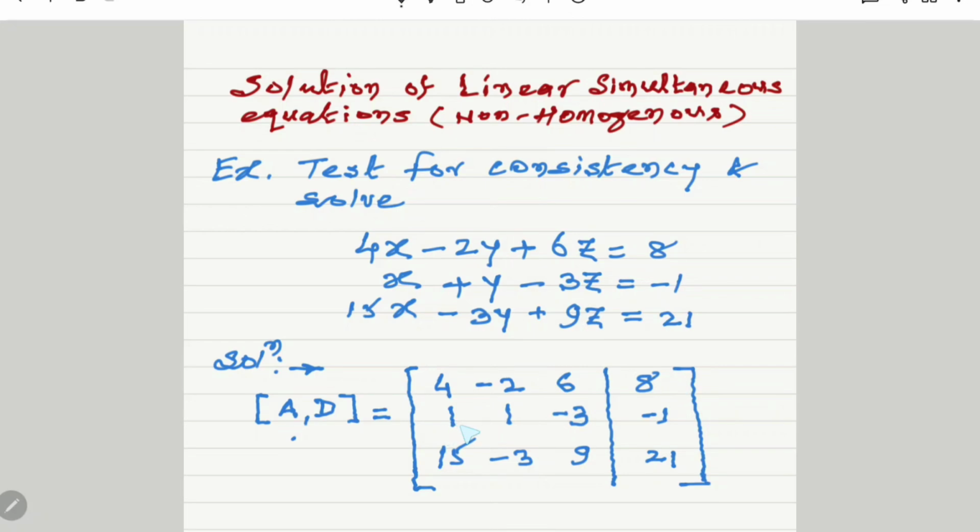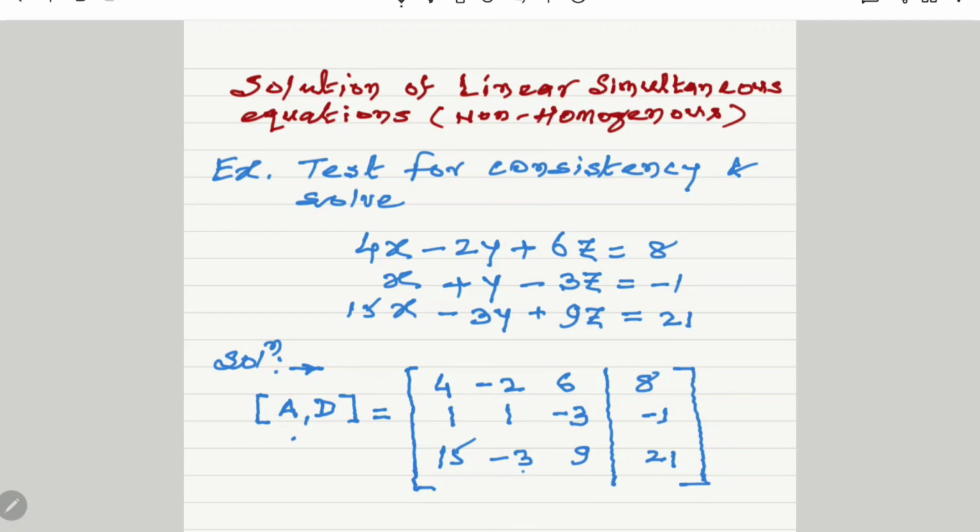Second equation coefficients are 1, 1, minus 3 and minus 1. Then from third equation 15, minus 3, 9 and 21. Then we have to convert this augmented matrix to its canonical form by applying elementary row transformation.